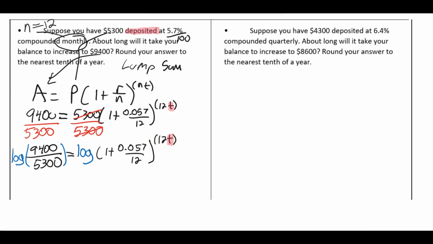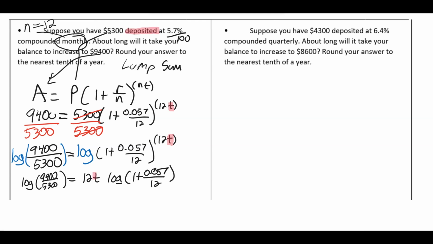So when we do that, we will get log of 9,400 divided by 5,300 equals 12t times the log of 1 plus 0.057 divided by 12.